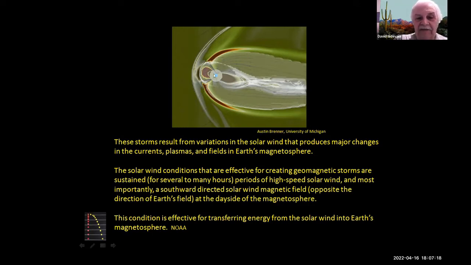Had we not had a magnetic field, we wouldn't be seeing this, and we wouldn't be here to talk about it. Probably not. So in terms of energetic activity, the energy from the sun that's being released in this explosion of material has to go somewhere, and it does, and interacts with our magnetic field.